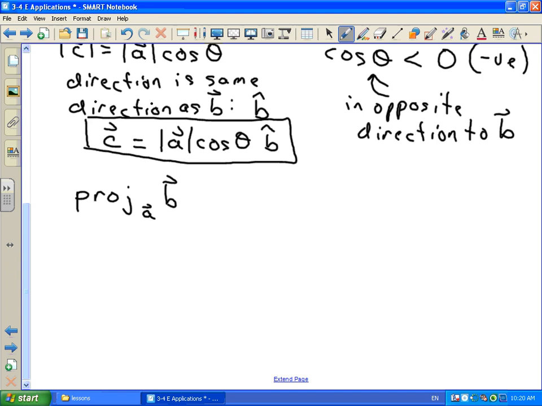And geometrically, this is magnitude of A cos theta B hat. Okay? And I forgot the theta.